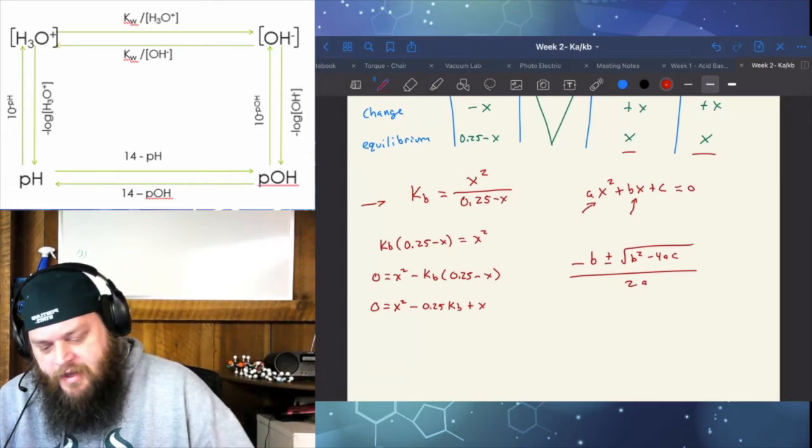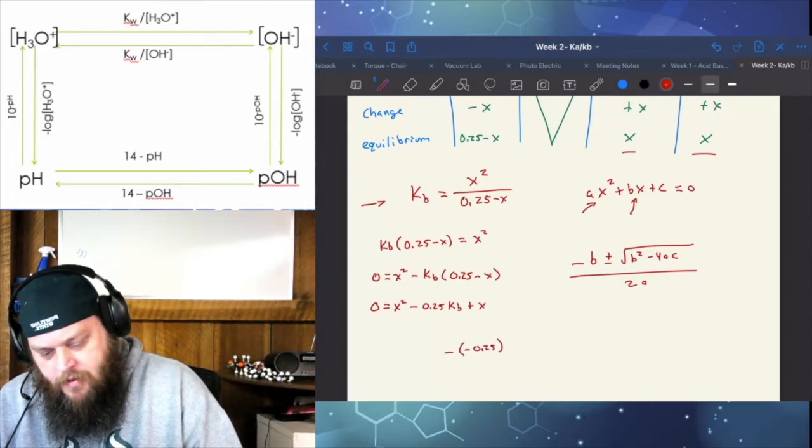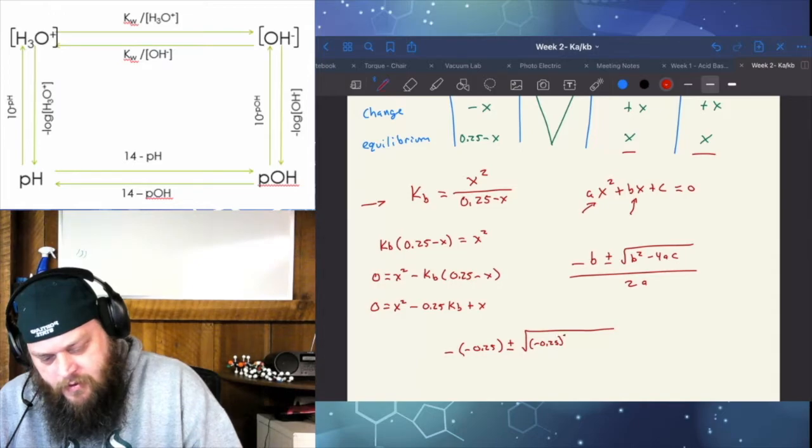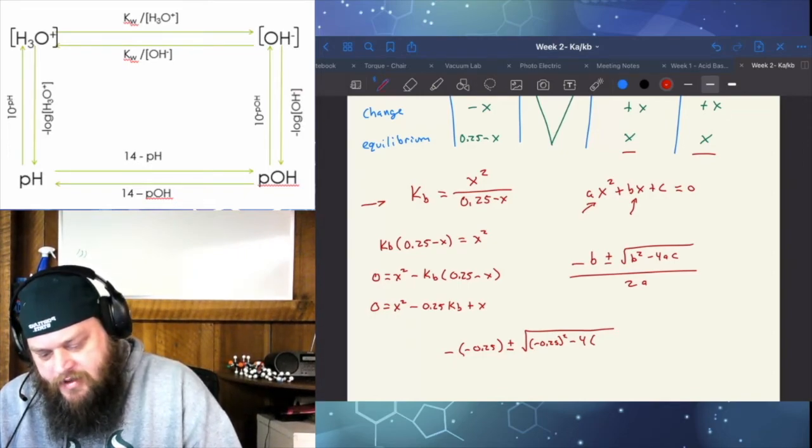So plugging those in, this becomes negative 0.25 plus or minus the square root of negative 0.25 squared minus 4 times a, which is just 1, so we're going to leave that out, times c. C in this case is just going to be x.